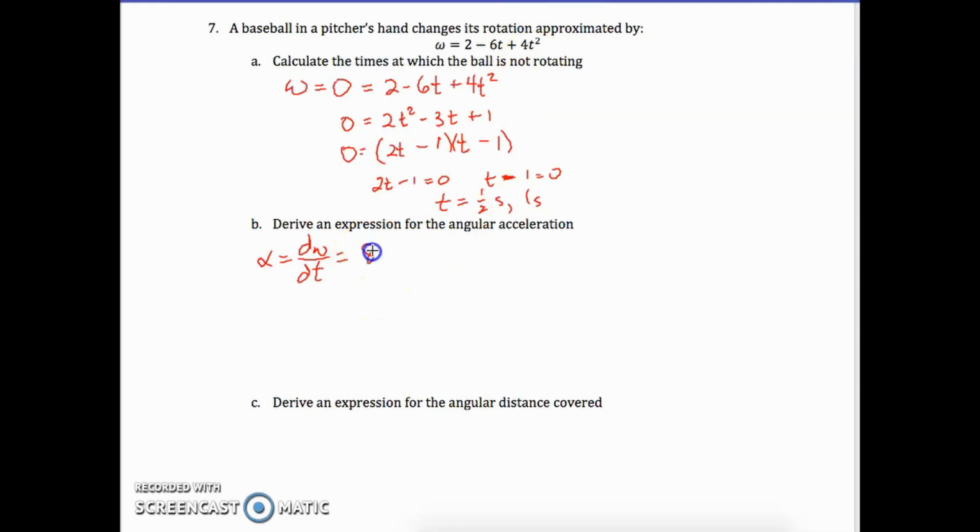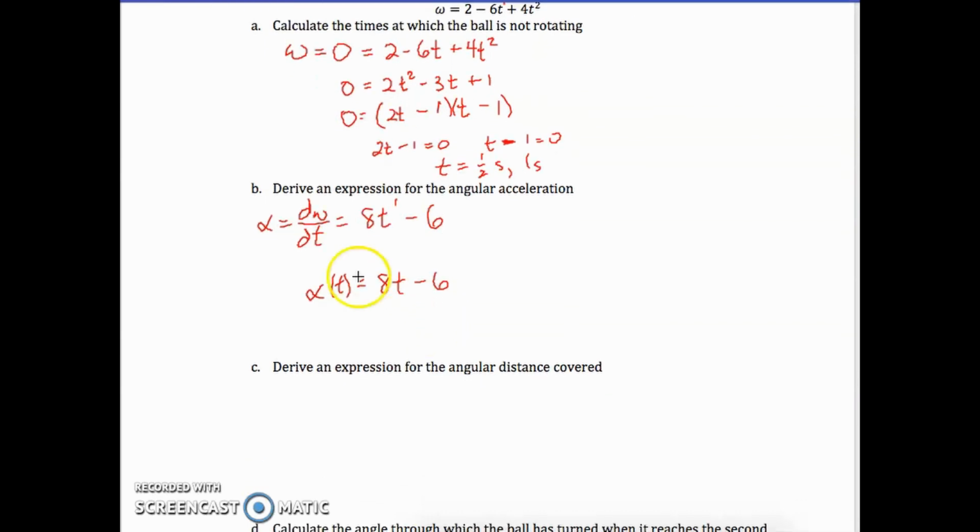So that 2 is going to come down, multiplied by 4, become 8. Then the exponent is going to become 1. And then there's a 1 exponent up here. It's going to come down, multiplied by the negative 6. And then the exponent will become 0. And anything to the 0 power is 1. So what we have here is the angular acceleration as a function of time is going to get us 8t minus 6.